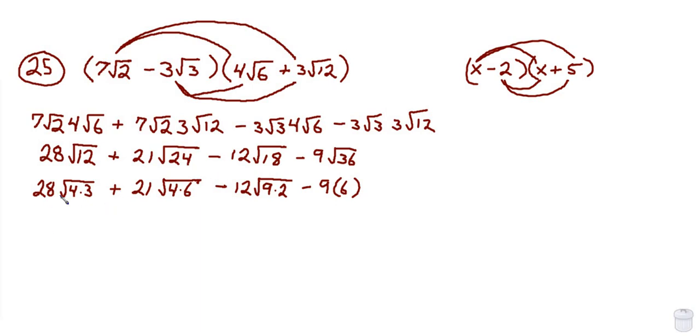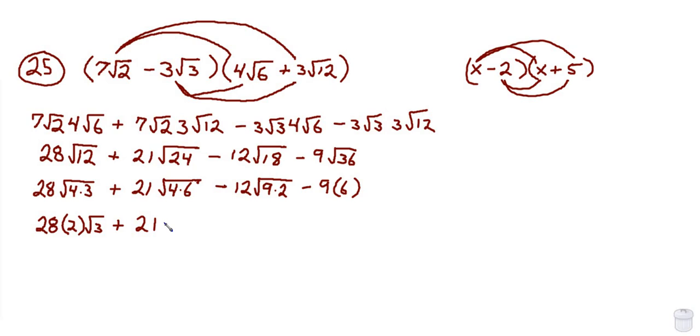So let's go back through here. I've got 28, and underneath the radical, I have 4 times 3. Square root of 4 is 2, and that square root of 3 remains the same. Then I've got 21 times square root of 4 times 6.